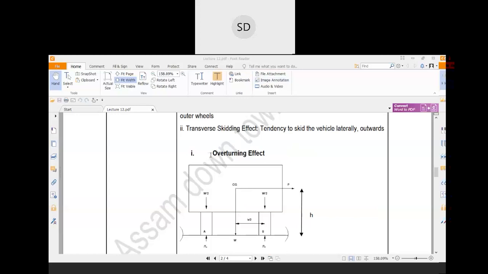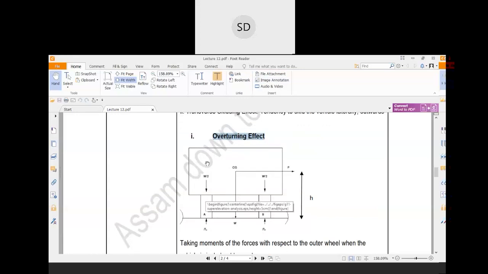So first, if you go for the overturning effect, this is the cross section of a vehicle, and suppose W is the weight of the vehicle, acting in the downward direction. If A and B are two support tires, then that W force will be equally distributed among these two tires, so here the reaction would be W by 2, and here it would be W by 2.